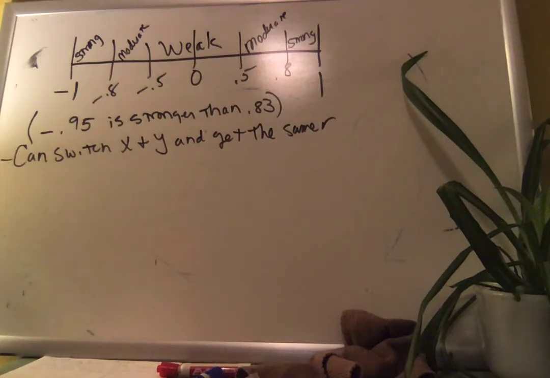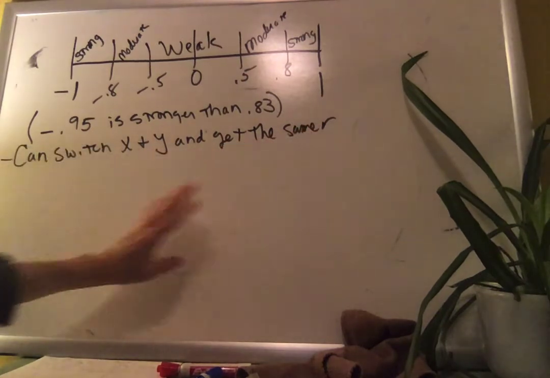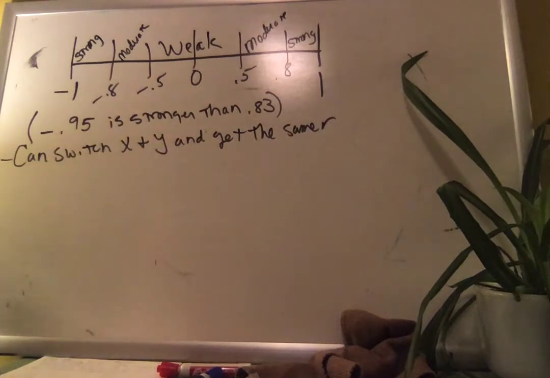Now, that sounds like an advantage, right? The disadvantage is, though, when you go to actually get the equation of the line, your line would be completely wrong. So you do need to make sure you know how to figure out what's the x and the y variable, but no matter, the R would be the same.